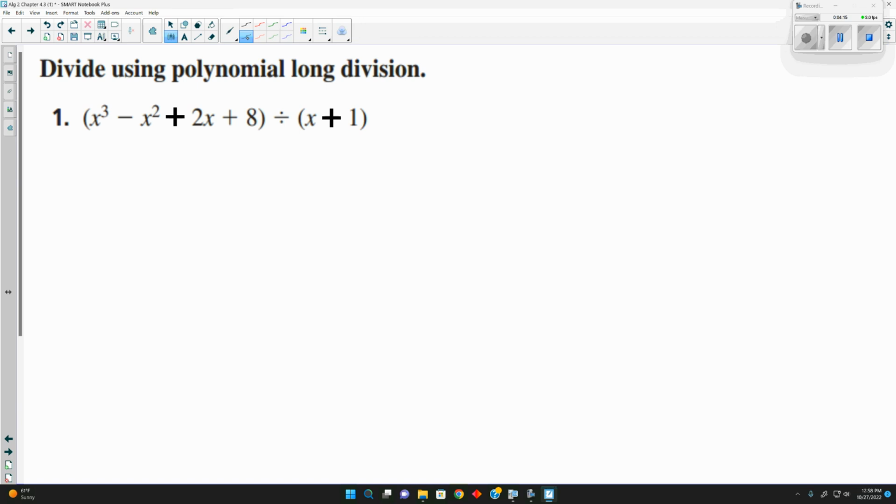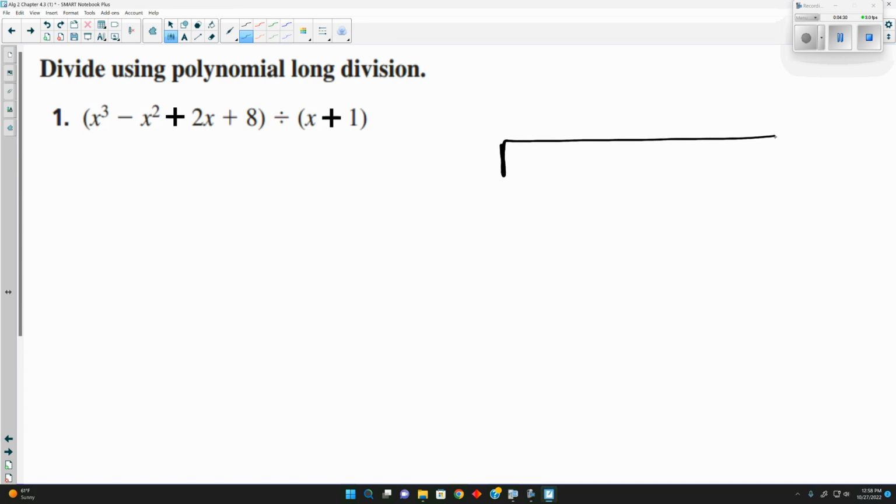We're going to do this first one here. We're actually going to divide polynomials. So on the back of the first page, we'll look at this here. When we divide two polynomials, the first thing we're going to do is set it up.